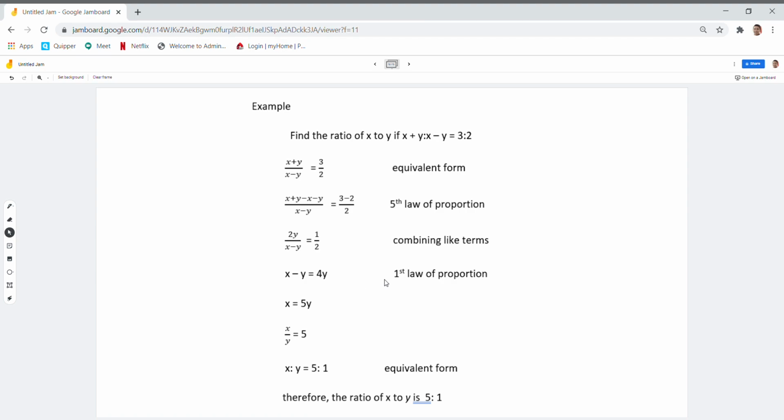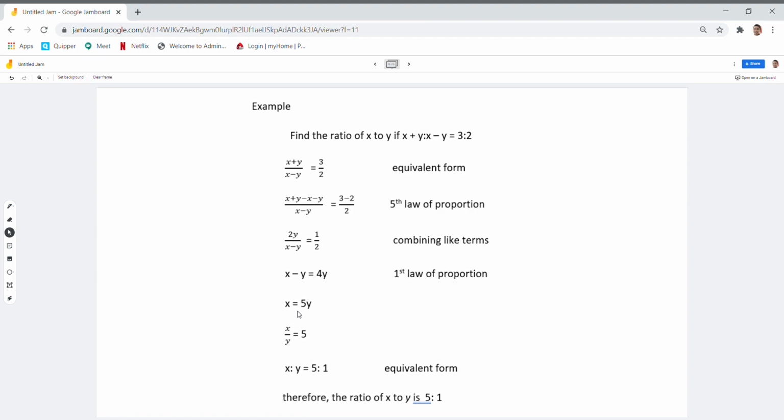So therefore, you can then multiply it using the first law. x minus y equals 4y, since x minus y times 1 is x minus y and 2y times 2 is 4y. Then you find x. You have to apply APE, addition property of equality, so you can bring y to the other side.